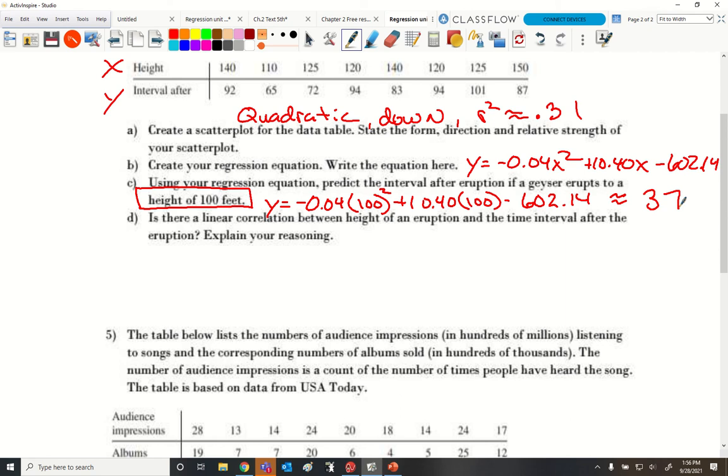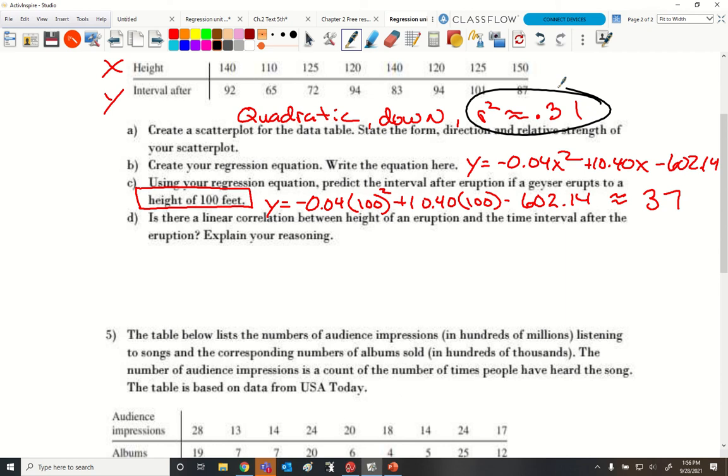What do we say the percentage is for correlation here? My R squared is 31%, isn't it? Is that a good score? No. That is not a good score. That's going to be the score of some people that are playing with their phone right now.